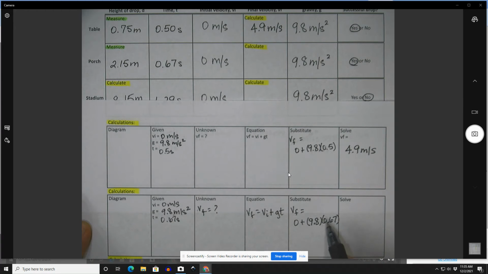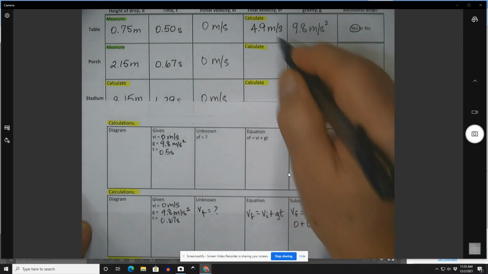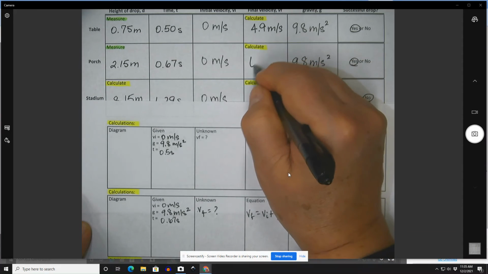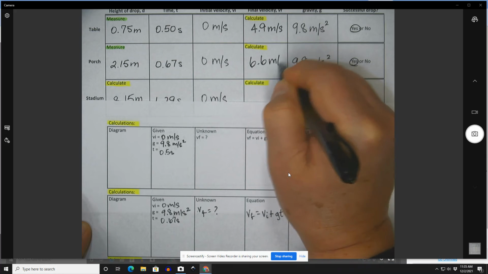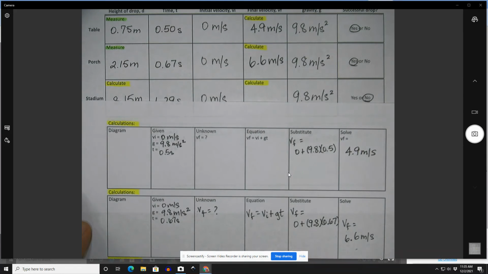Okay, so we calculate that and we find that our final velocity is 6.6 meters per second. And we're going to take that number and record it up here in the table. Okay, so 6.6 meters per second.